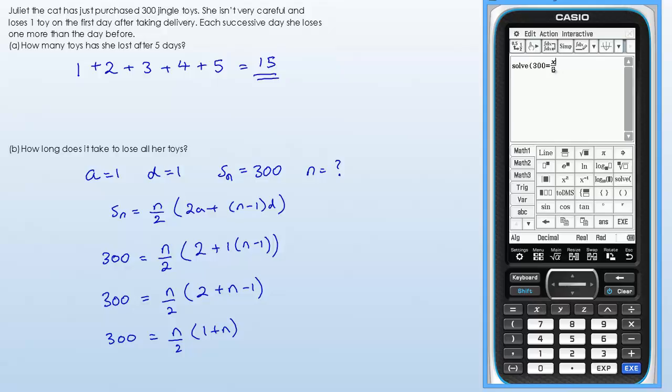So x over 2 and bracket 1 plus x, close bracket, close bracket, and we get x is equal to negative 25 or x is equal to 24.